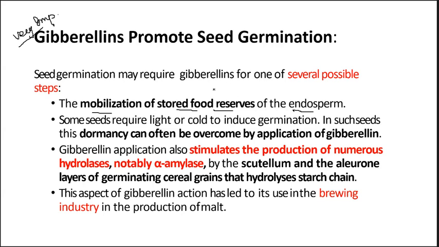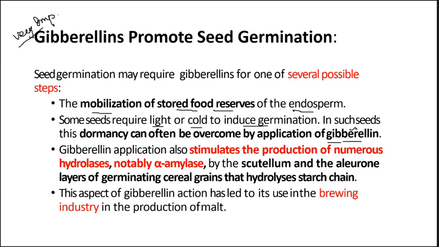Okay, so there are many seeds which require light or cold to induce germination. But when gibberellin was applied to those dormant seeds which were waiting for the right kind of stimulus, they showed germination.